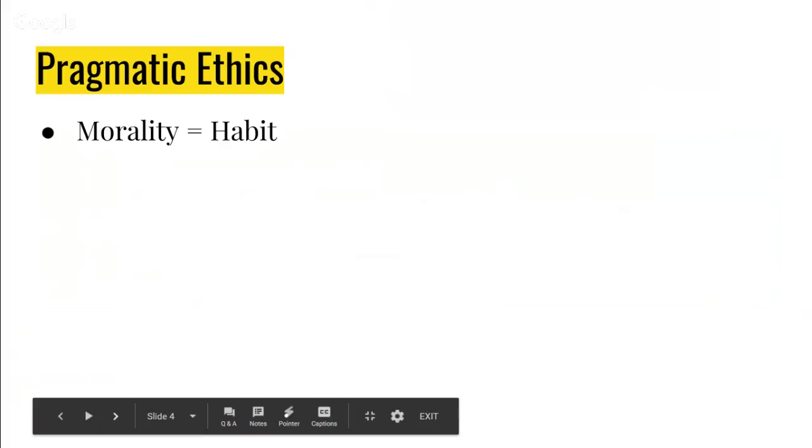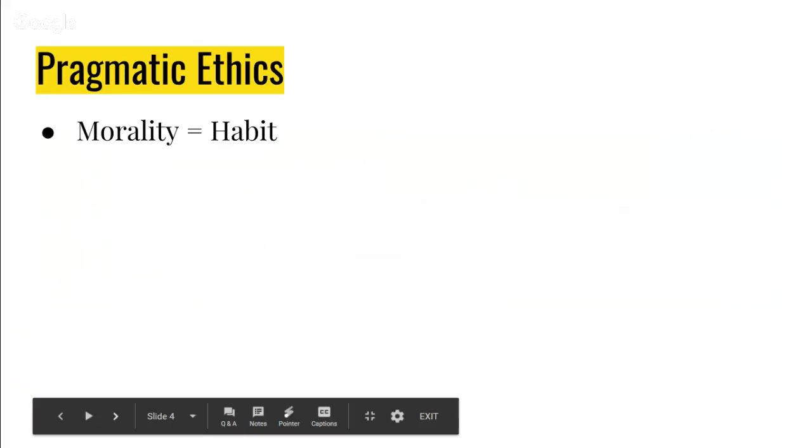So the pragmatists are saying the difference between Susan and Robin is not their conscious decision, even though those were different. The true difference is in what they're habitually disposed to see, right? What they consider relevant, what they think about, what they use to guide their actions. And so again, just having moral theories that we sit and hypothesize about doesn't help.